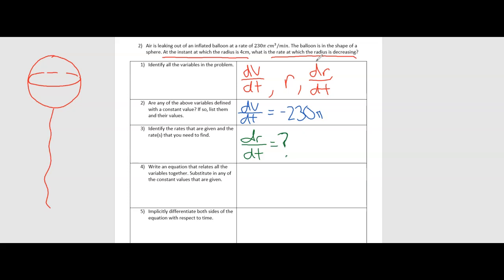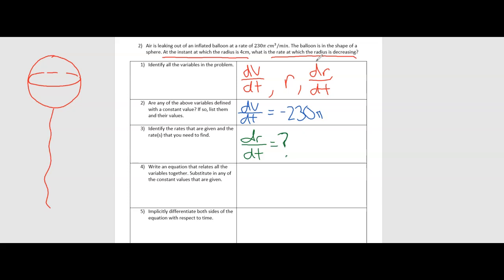We had to come up with a dx/dt and a ds/dt. They weren't explicitly given. Same thing here. We have to understand that the rate at which air is leaking out is dV/dt. It's a change in the volume. And the rate at which the radius is changing is going to be dr/dt. So we have these three things. We have two rates and a variable.